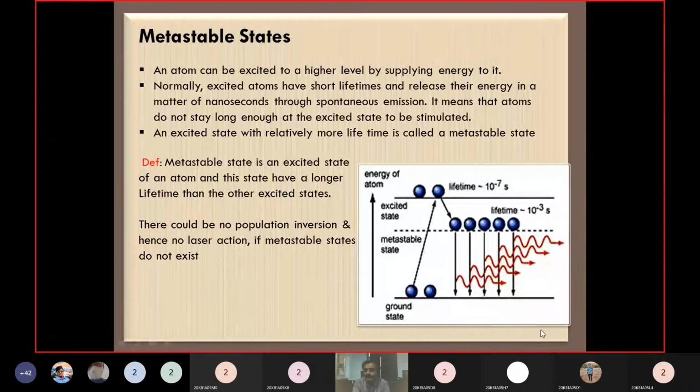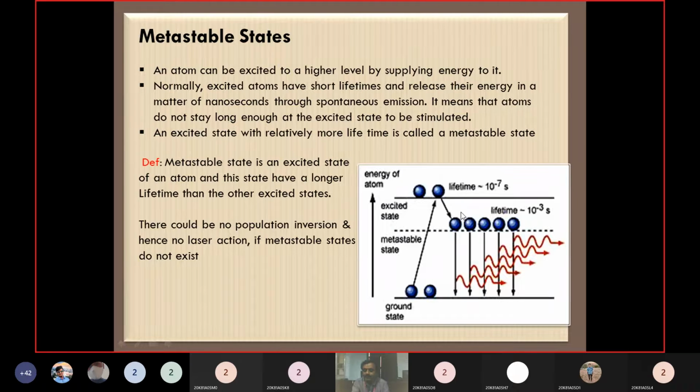Here three levels are there. The first level is the ground state. These two are the excited states. See here, this lifetime is 10 to the power of -7 seconds. But here, this lifetime is 10 to the power of -3 seconds.